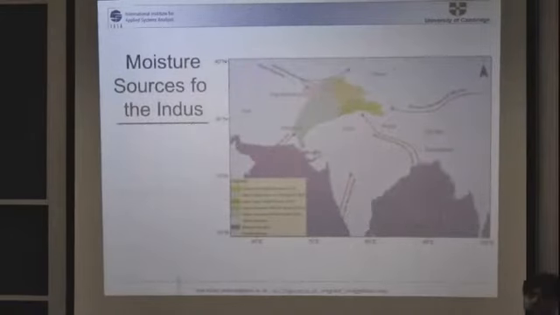What are the different sources of moisture? Normally, sea and ocean are the main source of moisture. If we look at the Indus Basin, there are two main sources of moisture. One is the westerlies. We call it westerlies because this is moist air coming from the west to the Indus Basin, towards Pakistan, India, and Afghanistan.